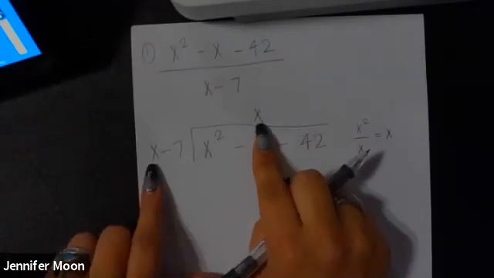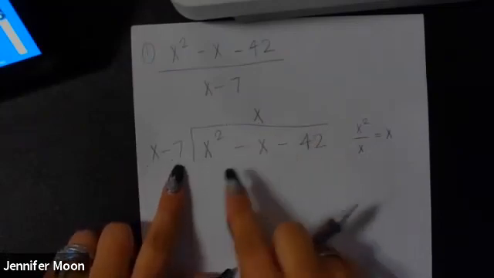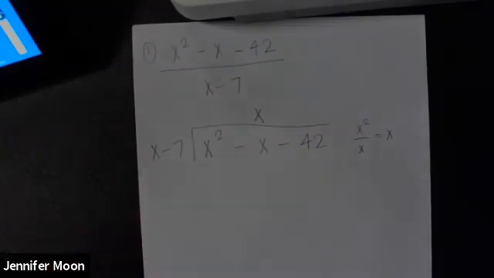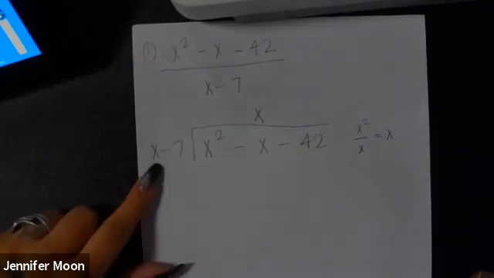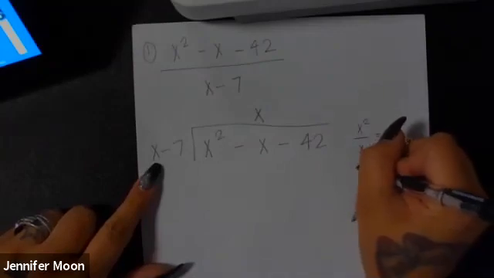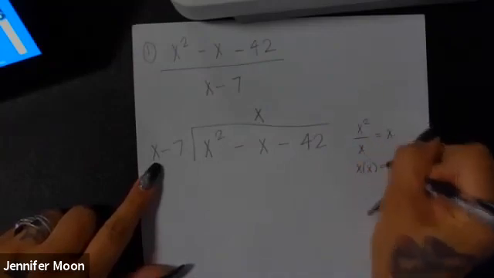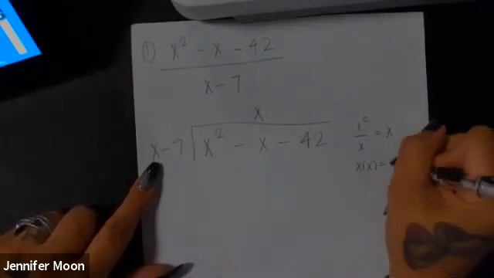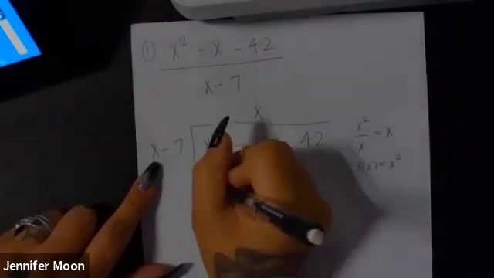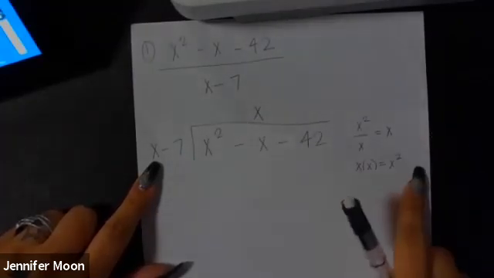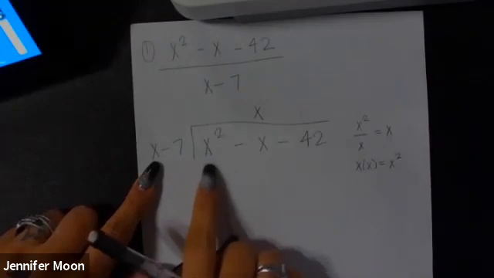So you do this times this and this times this, with your answer also lining up under your like terms. So x times x, for multiplication, we keep and add, right? And because that's an x squared, it goes right here underneath this x squared.